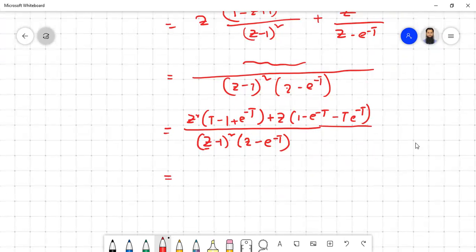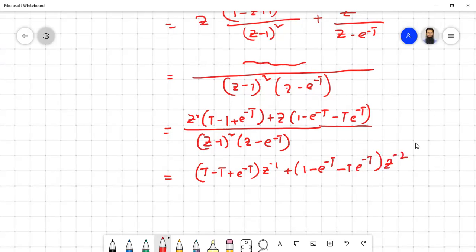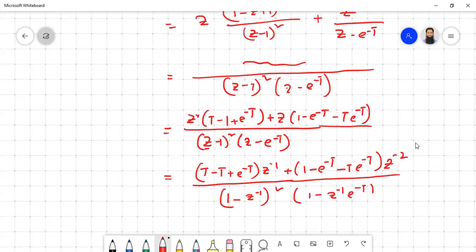So basically, t minus 1 plus e to the power minus t z inverse, plus 1 minus e to the power minus t minus t to the power minus t z to the power minus 2, divided by 1 minus z inverse whole square, then 1 minus z inverse e to the minus 2. So that is your solution.